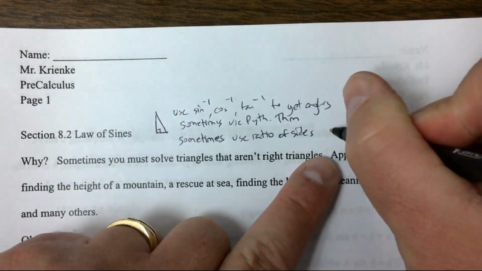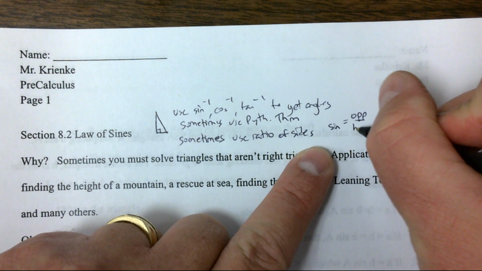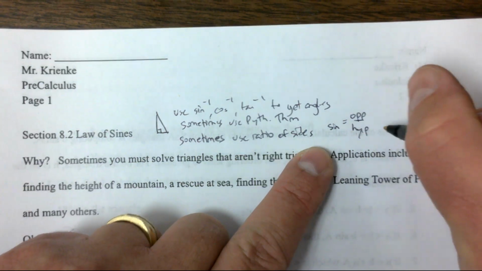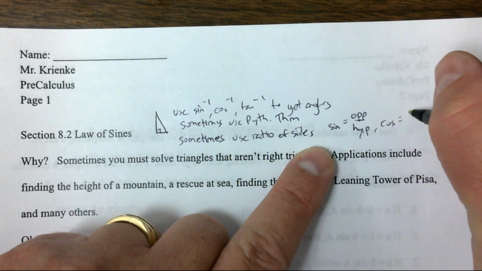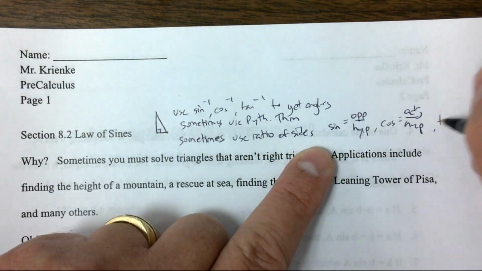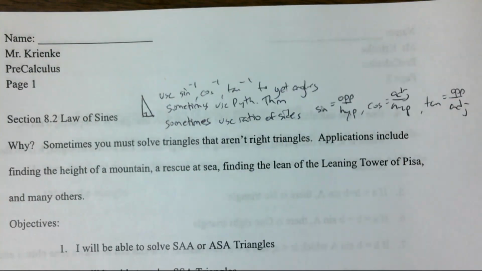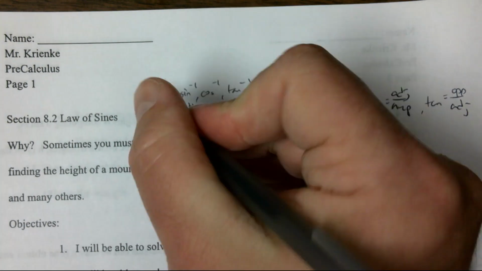Like, for example, sine is opposite over hypotenuse. Cosine is the adjacent over the hypotenuse, and tan is the opposite over the adjacent. So that's what you did before. Okay, so that was like on 8.1.